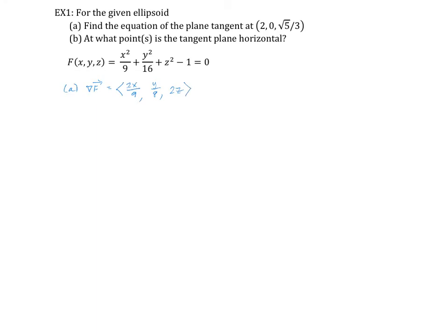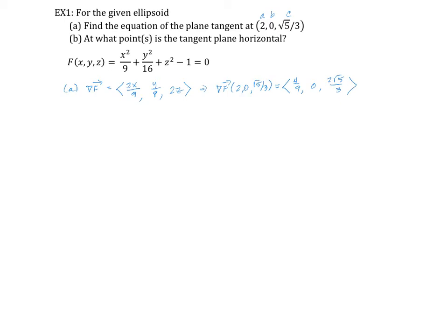Once I have that gradient vector, I'm going to evaluate this vector at my given point. So this would be my A, my B, and my C. If I evaluate this gradient vector at the point 2, 0, square root of 5 over 3, that gives me the vector 4 over 9, 0, 2 times the square root of 5 over 3.